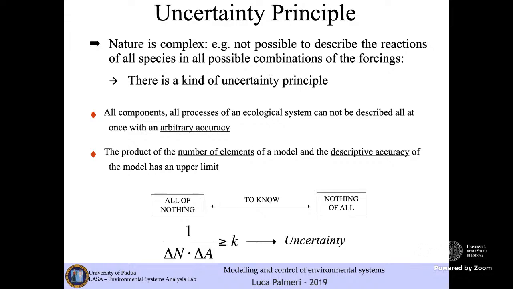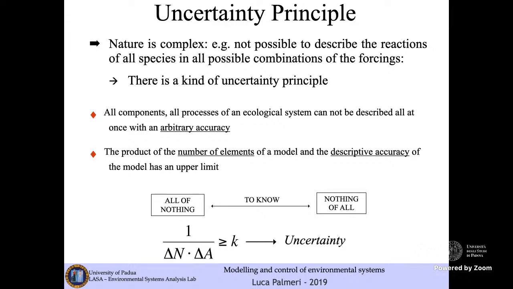We realize and we recognize now that nature is complex. For example, it is not possible to describe the reaction of all species in all possible combinations for forcing. So there is a kind of uncertainty principle. This uncertainty principle tells us that not all components or processes of an ecological system can be described all at once with an arbitrary accuracy.